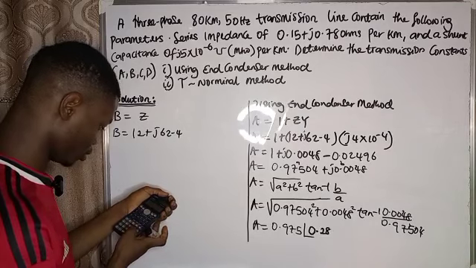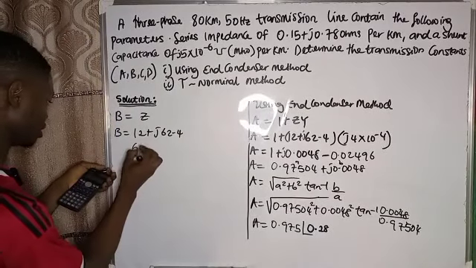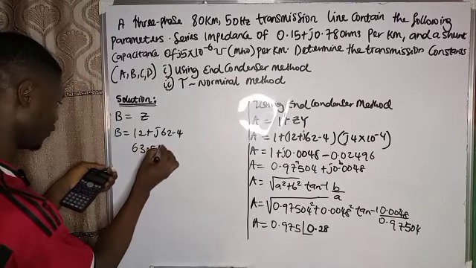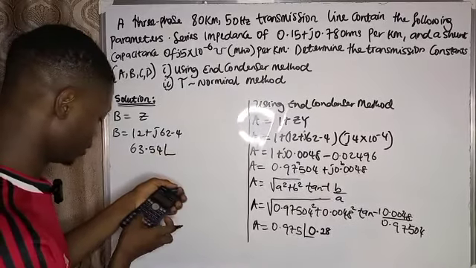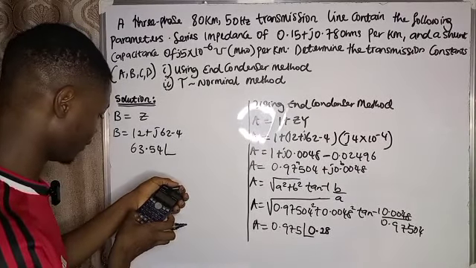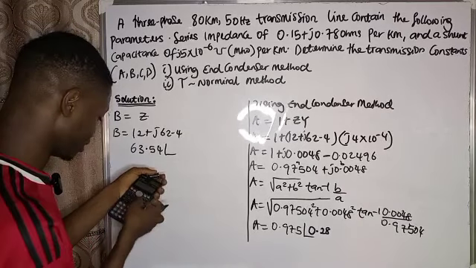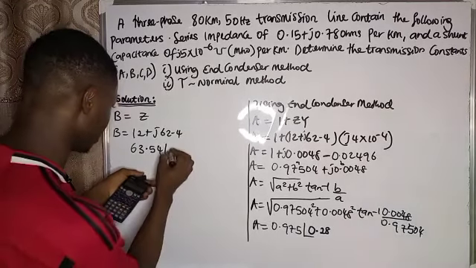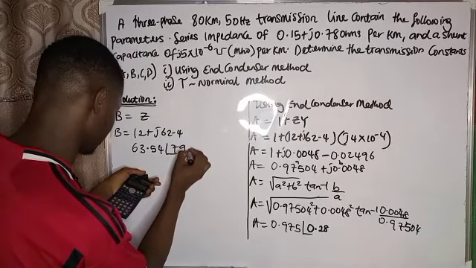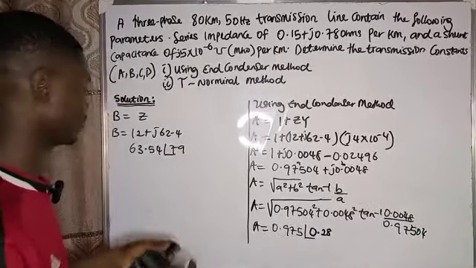Then the square root will give me 63.54. Then the angle will be 62.4 divided by 12, then tan inverse. So we have 79 point. Just let's write it 79.